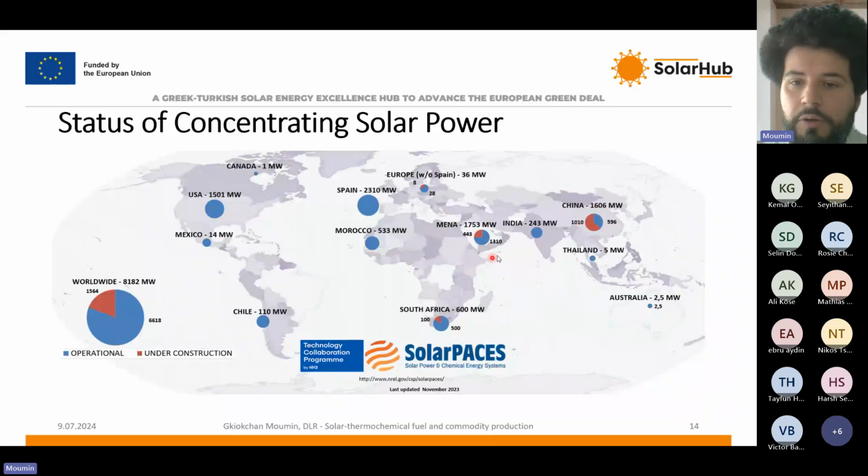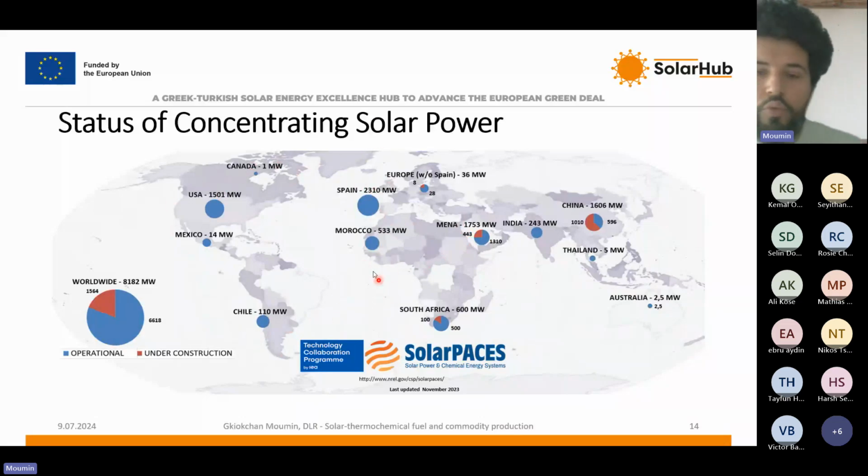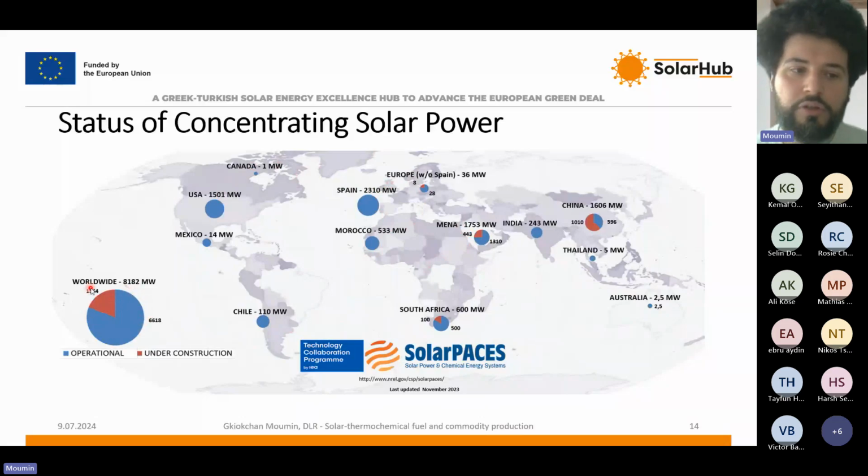I see also MENA region has quite a high number, also with some significant installations. While we can see more in the Western hemisphere, let's say, that there are no new plants planned currently. But in total, we're talking about 8 gigawatt, which is either operational or under construction.